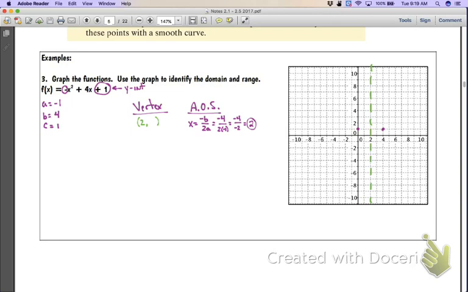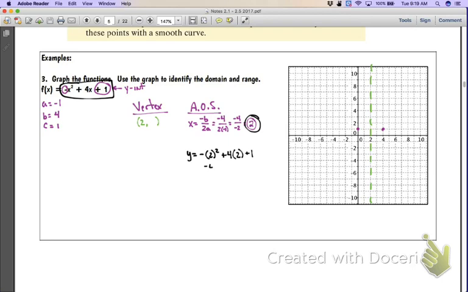So I've got to take this 2 that I have and plug it back into my whole function. I need to find the second part. So I'm going to have negative, and then 2 squared, plus 4 times 2 plus 1.